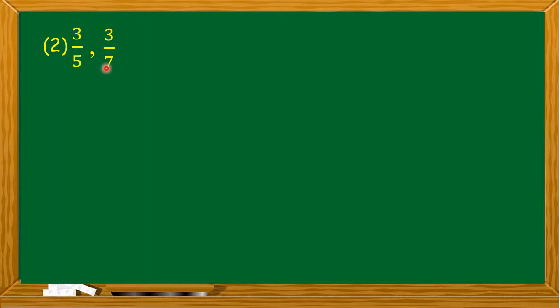So the product of the denominators can be made the common denominator. So here 5 into 7, that is 35, can be taken as the common denominator.